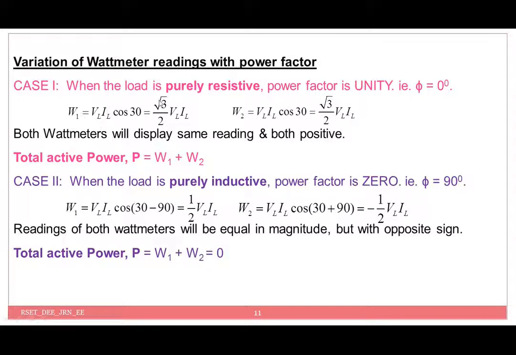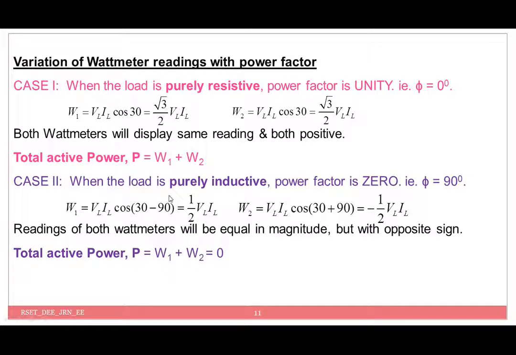So W1 is root 3 by 2 VLIL and W2 is root 3 by 2 VLIL. Both wattmeters have equal magnitude, so they will show the same reading and both will be positive. So when the load is purely resistive, keep in mind these two are of equal magnitude and they will show positive readings. So the total active power P is equal to W1 plus W2.